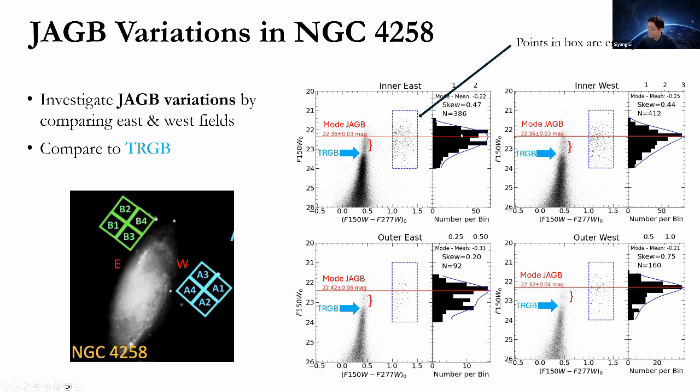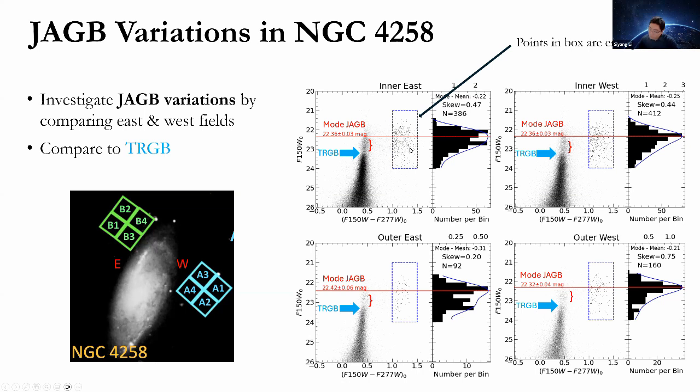Again, the luminosity function is just the histogram of the magnitudes of the stars, in this case in the J region. And we can see immediately that all of the luminosity functions are very asymmetric. Now, we can measure this in a few different ways. We can take the difference between the mode and the mean, and see that that difference can be about 2/10 to 3/10 of a magnitude. We can also use the Pearson skew, and we see that's also pretty high.